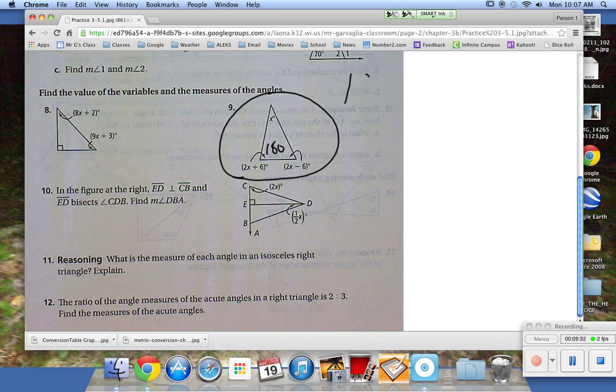So we would say 180 equals all 3 of these angles added together, right? X plus 2x plus 6 plus 2x minus 6. And we'd add all that up. We'd solve for x, and then we plug x back in to figure out what our measures of our angles are. Does this sound pretty straightforward?